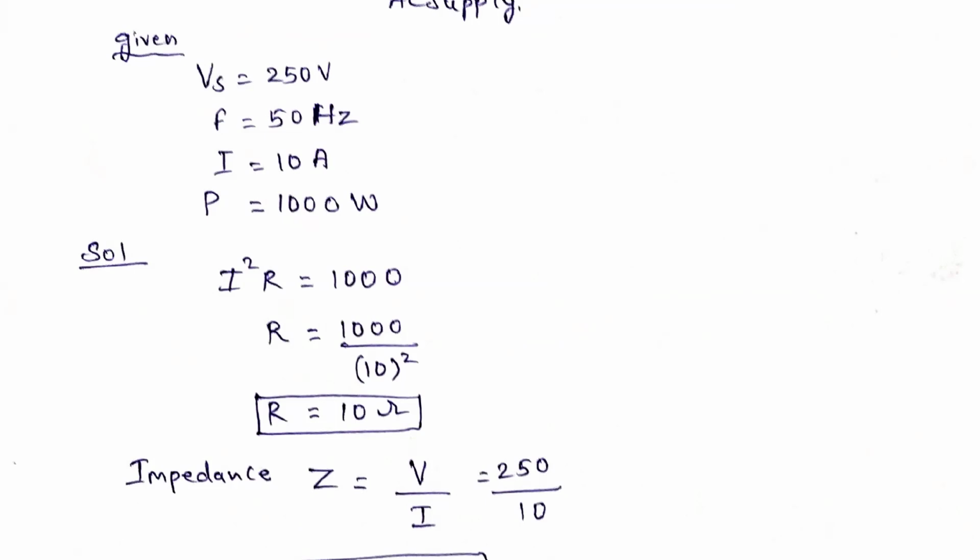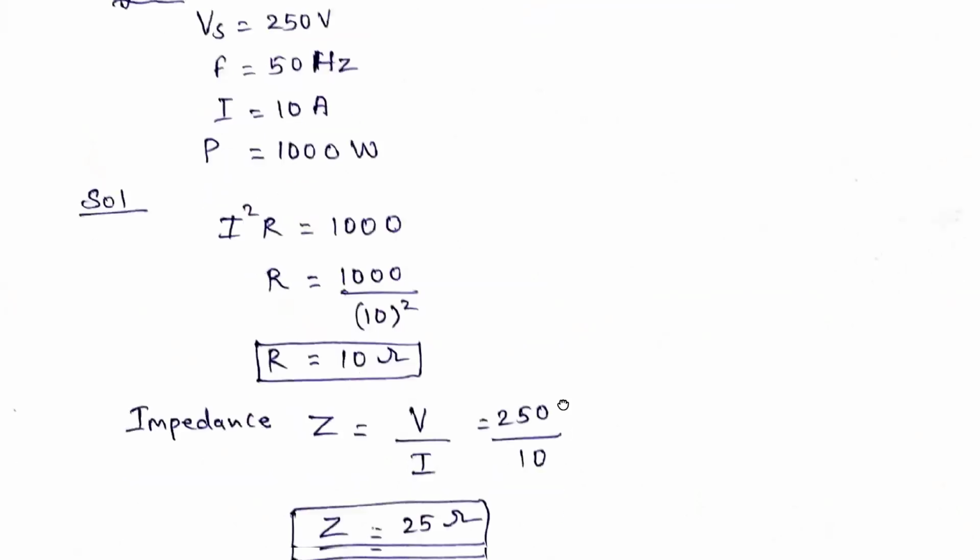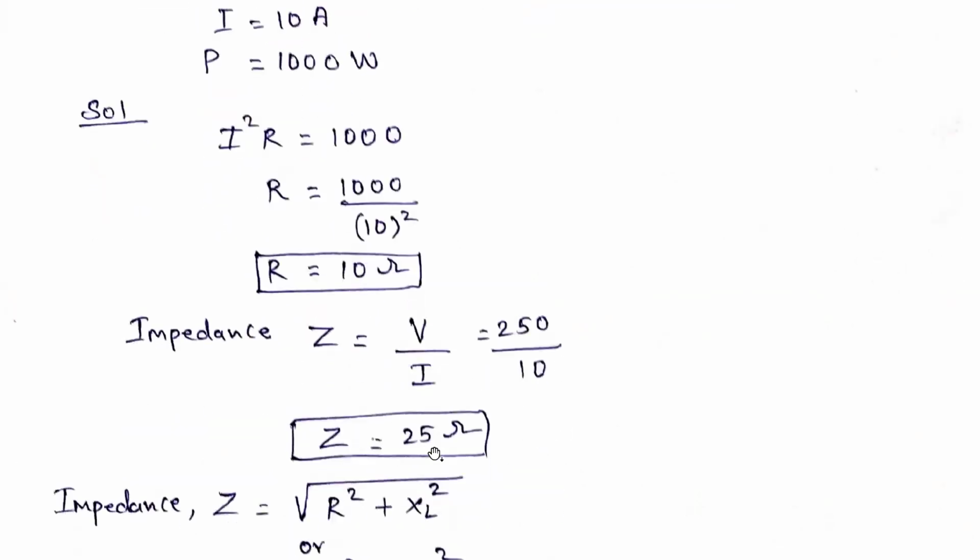Dissipation means it is consumed, so power is I squared R. Next is impedance, Z is equal to V by I. V is 250 divided by I is 10 amperes. So here Z is 25 ohms.